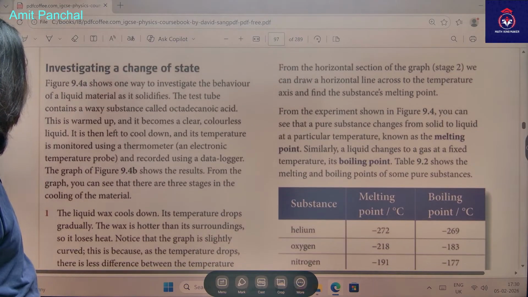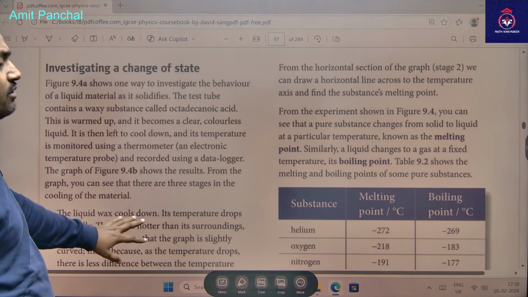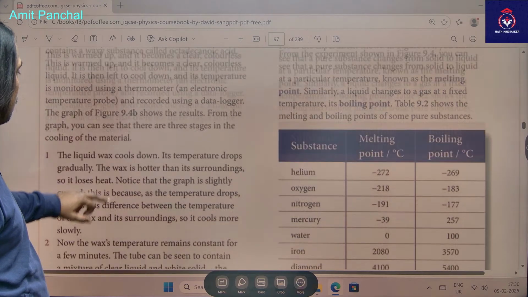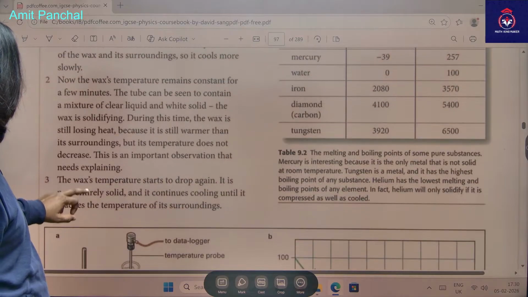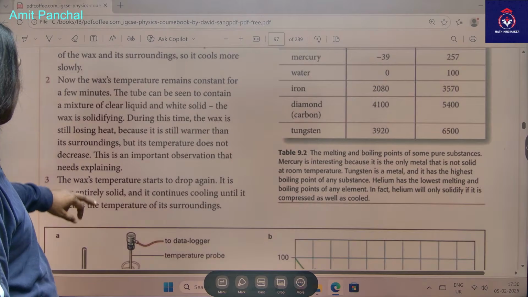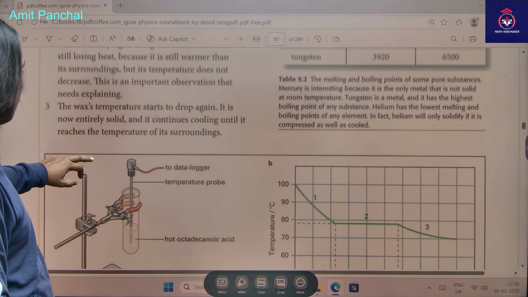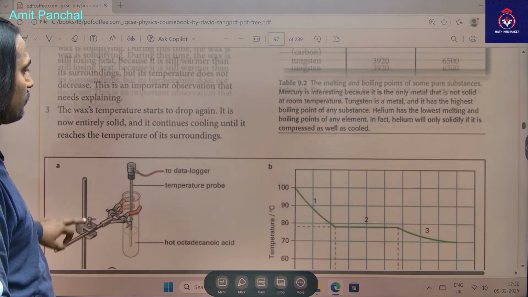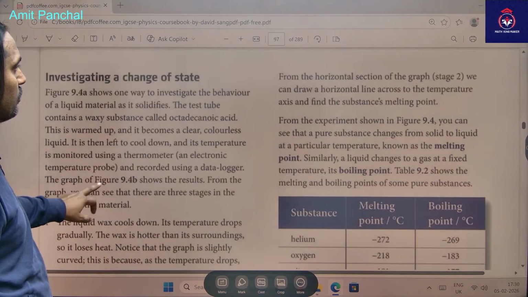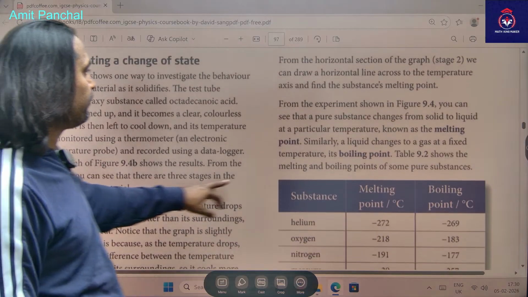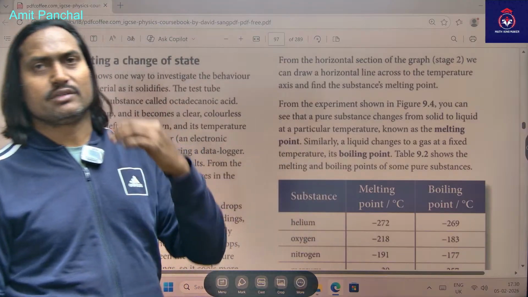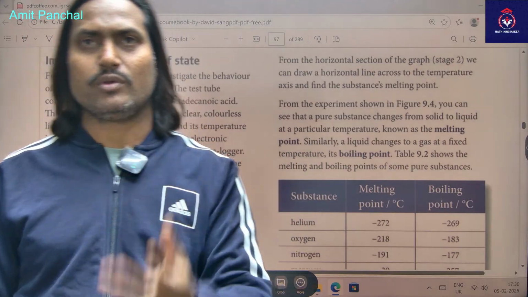This is the same thing that I told you; the same thing is written here. At a particular temperature, a solid starts converting its state into liquid.